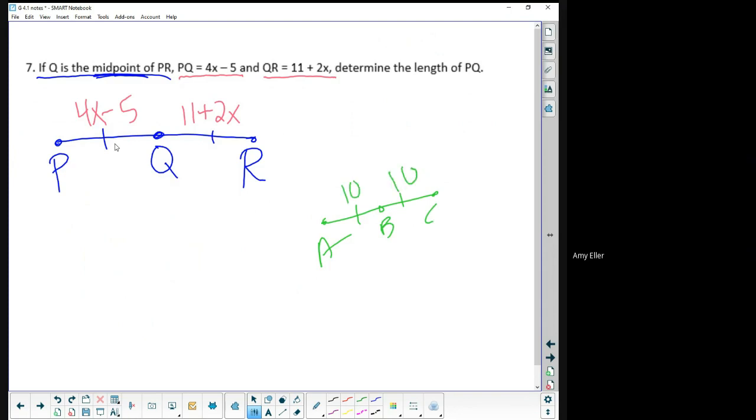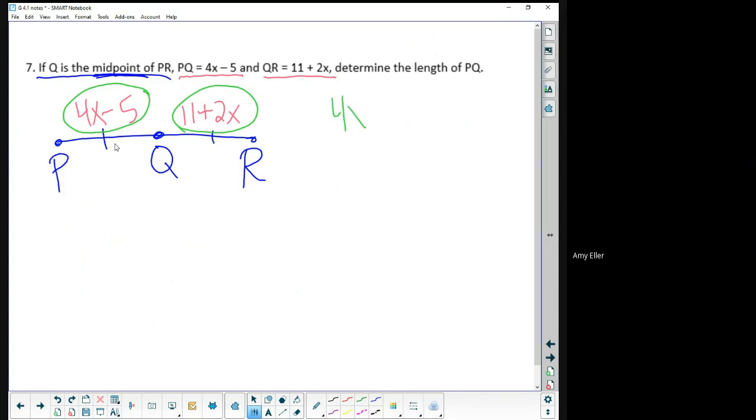They're equal. So he's saying that this is equal in this picture to this. So that's all we have to do. 4x minus 5 equals 11 plus 2x. I'll let you do your algebra by yourself.